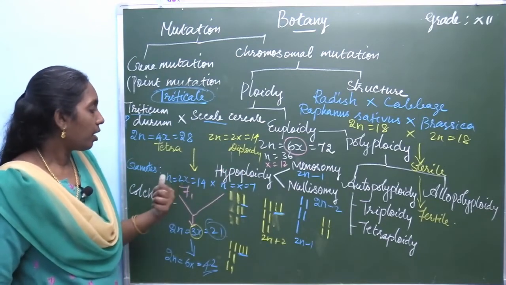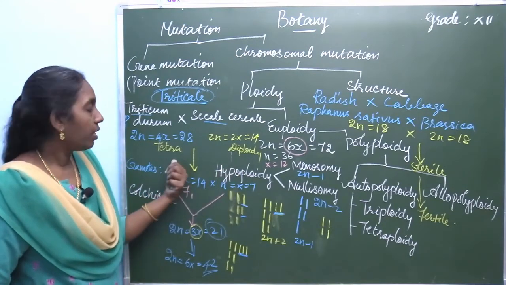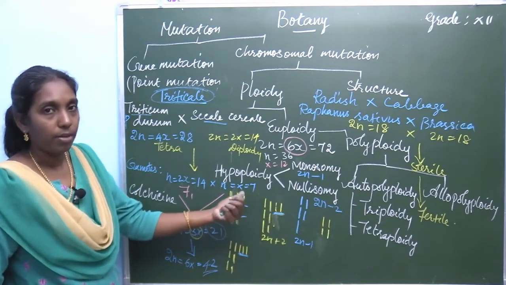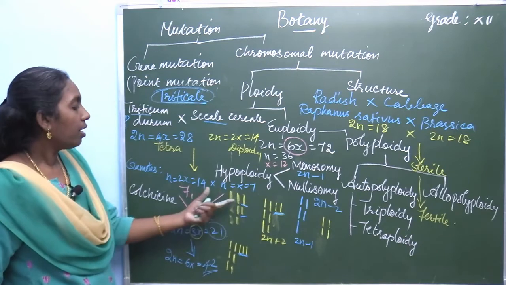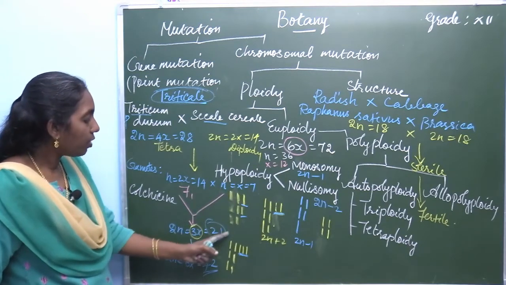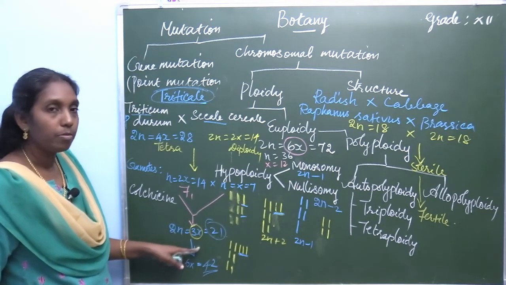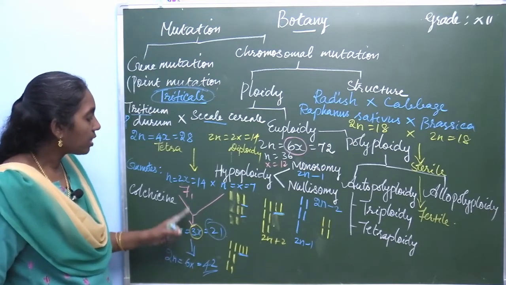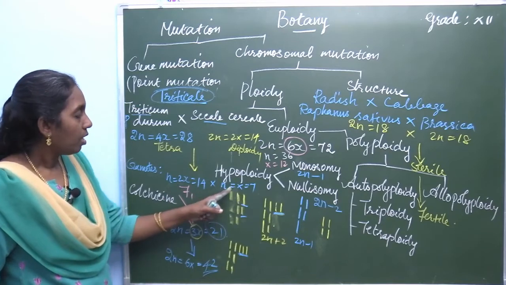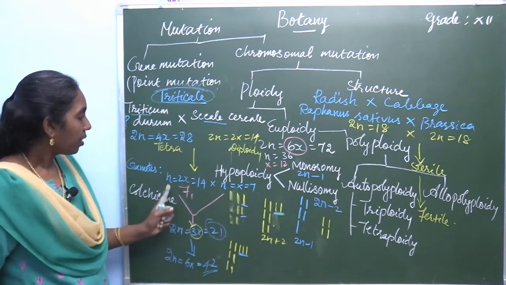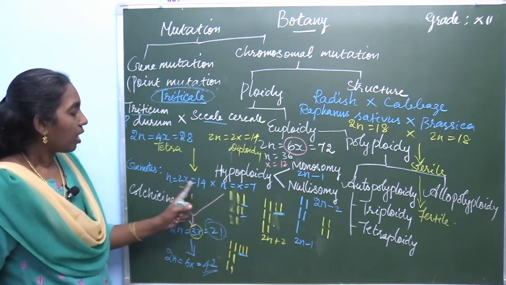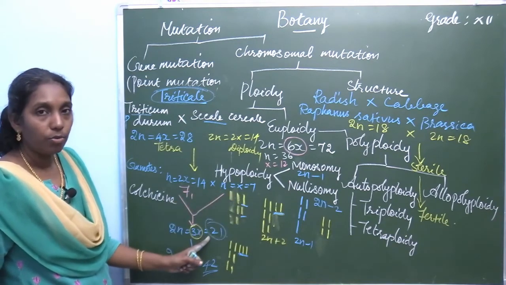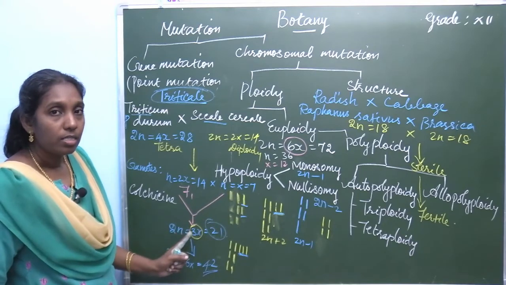When you make a cross between these two, the gametes give 14 and 7, half the number. The F1 hybrid produces 2x plus x, that is 3x, n plus n is 2n, so 3x. So it gives 21. Now this is sterile.